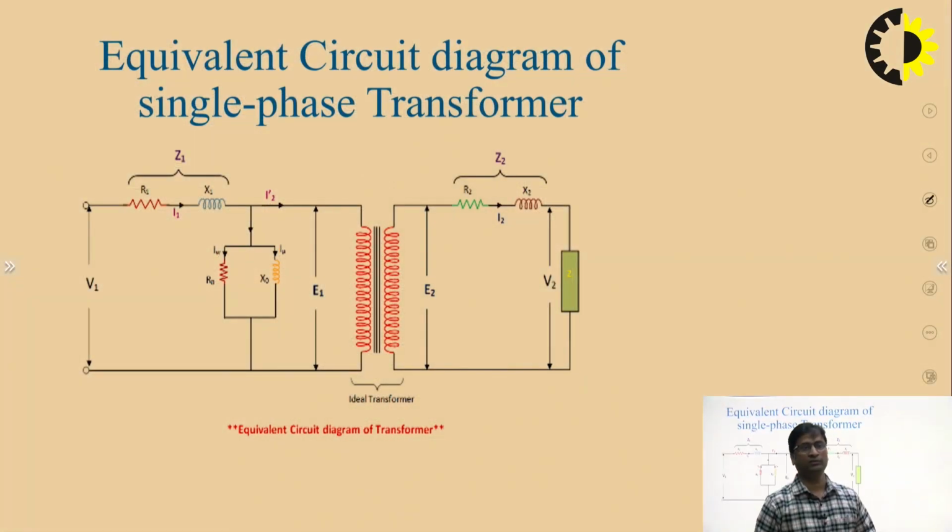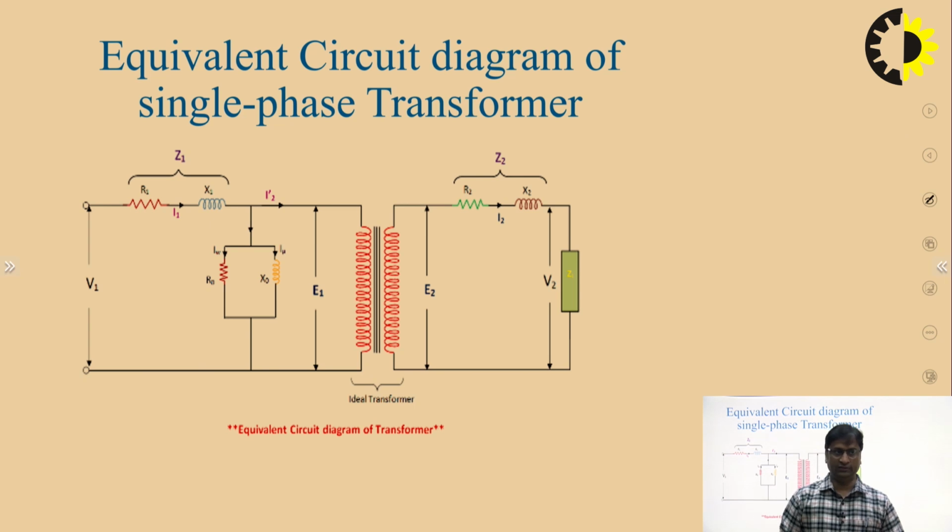First of all, you can see on the slide an equivalent circuit diagram of the single-phase transformer. We know that a transformer is a static device which is used to transform the voltage level from the primary to the secondary side.